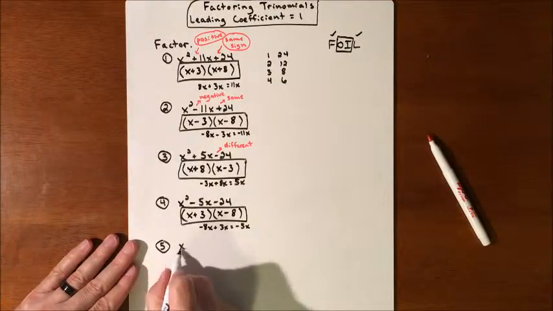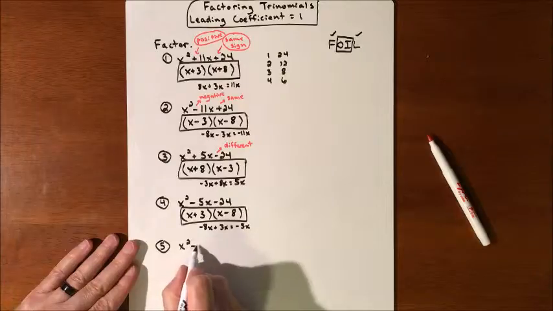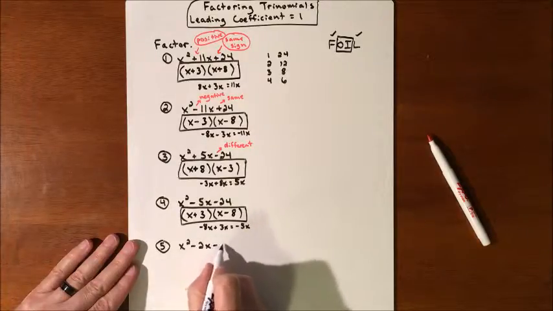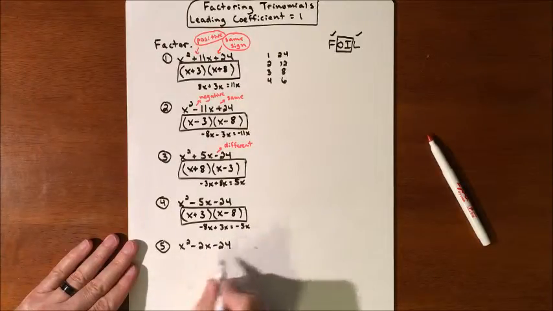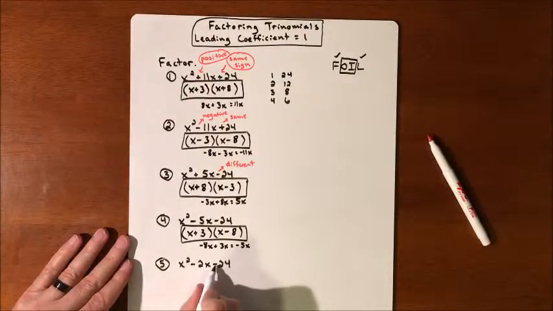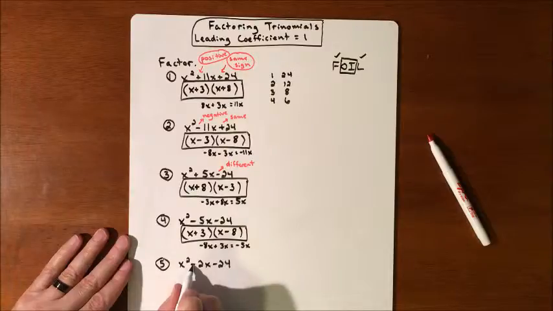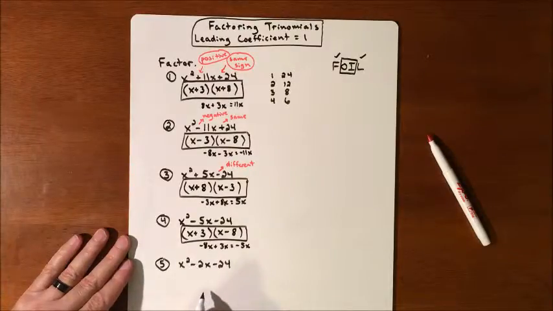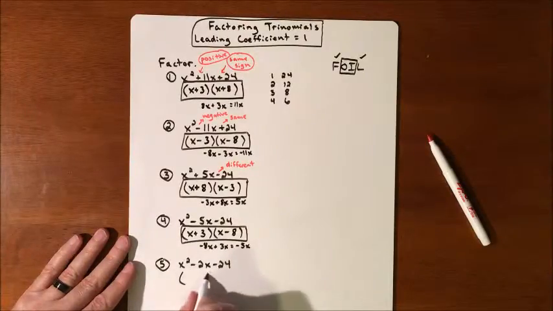All right, so what if we have an x squared minus 2x minus 24? So same factors, except this time signs are different and they need to differ by 2. And then we'll just apply the negative appropriately.